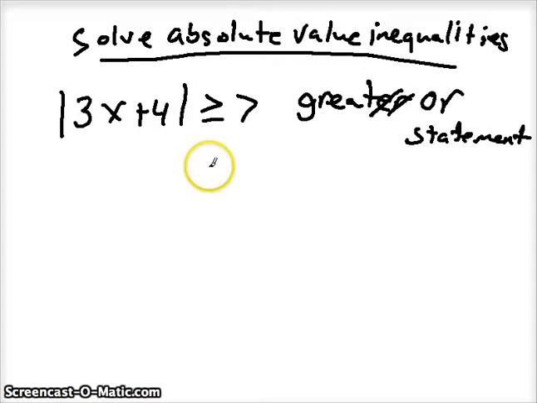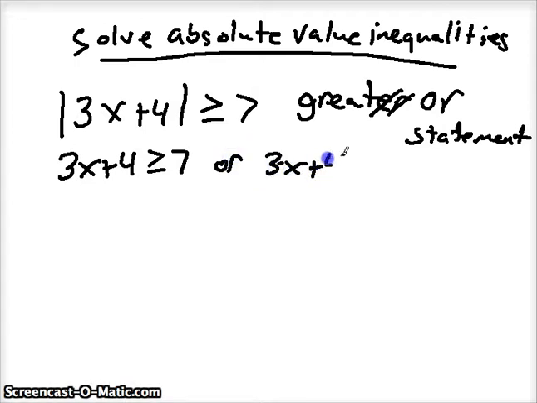So we solve absolute value inequalities the same way we would solve absolute value equations. So this is 3x plus 4 is greater than or equal to 7, or it's 3x plus 4 is less than or equal to negative 7.